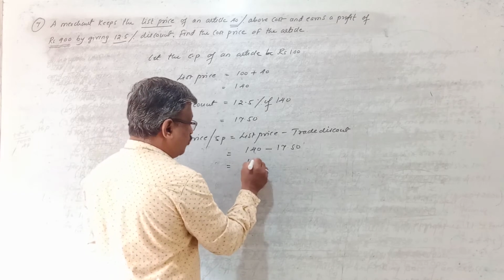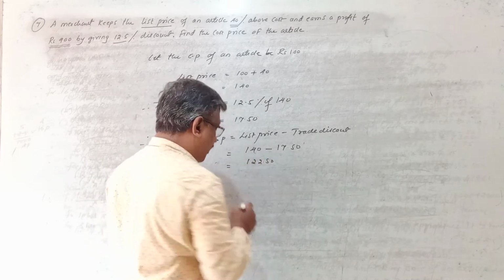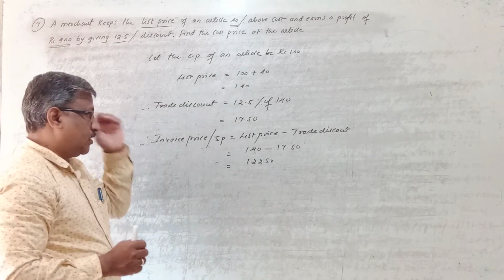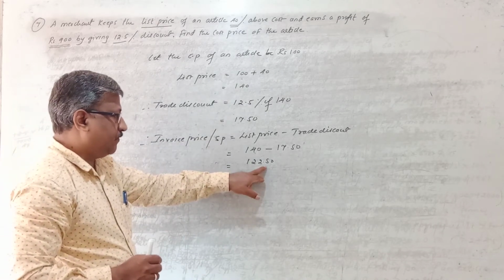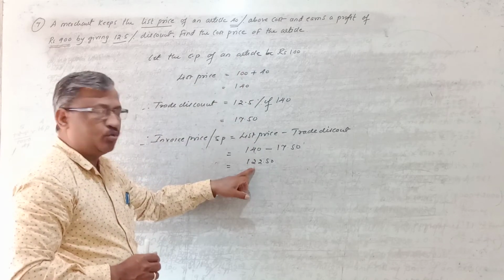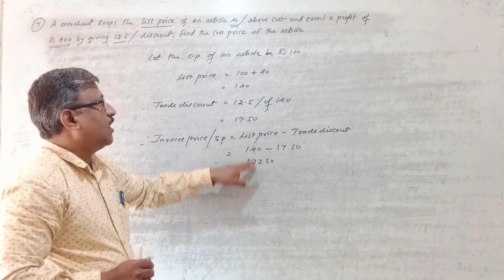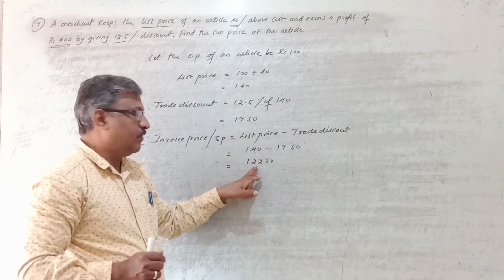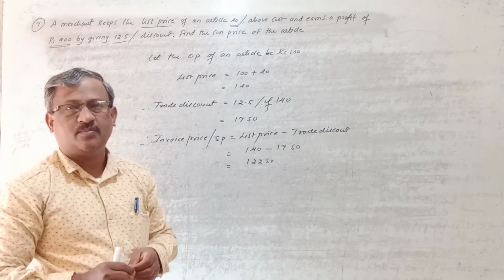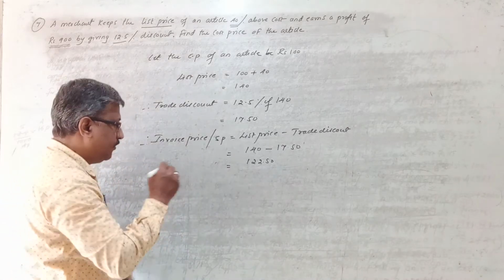So it comes to 122 rupees 50 paise. So my selling price comes to 122 rupees 50 paise. Means a 100 rupees article he is selling at 122 rupees 50 paise, that means he is earning 22 rupees 50 paise profit. Clear? So now we calculate the profit.